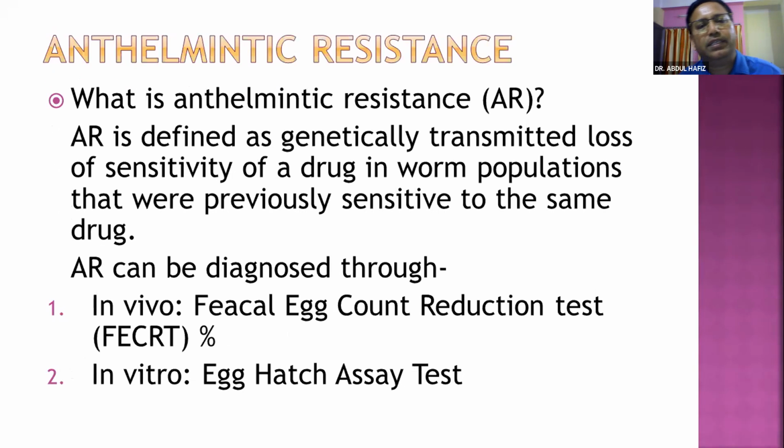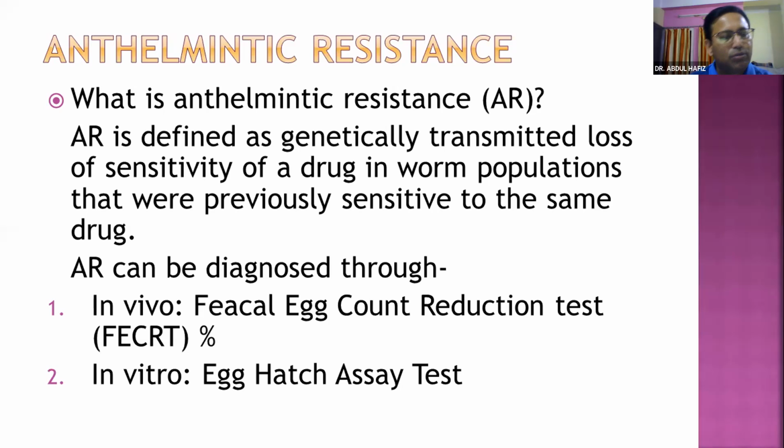So, anthelmintic resistance. We know that nowadays resistance is frequently developing. Anthelmintic resistance is defined as a generally genetically transmitted loss of sensitivity to the drug in worm populations that were previously sensitive to the same drug. That means previously, suppose albendazole, fenbendazole were working.